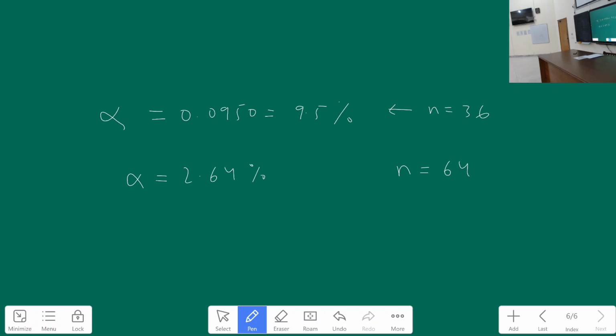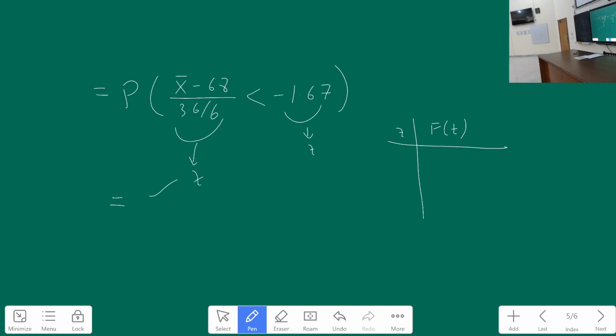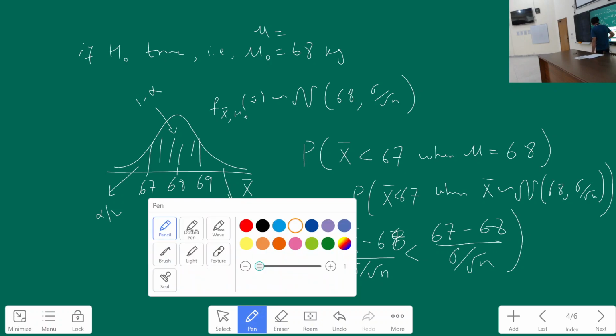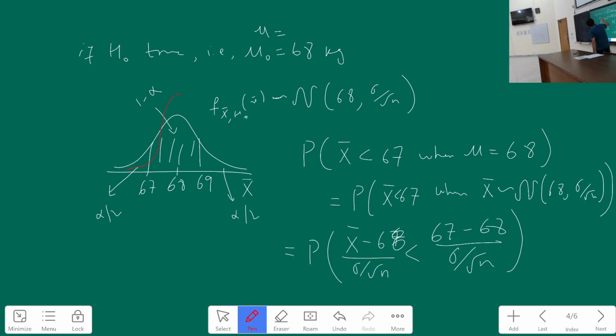Why is that? Because if you increase n, the variance decreases. As the variance decreases, more of the data enters this region, which is the region of acceptance, so the probability of making that type 1 error becomes smaller.